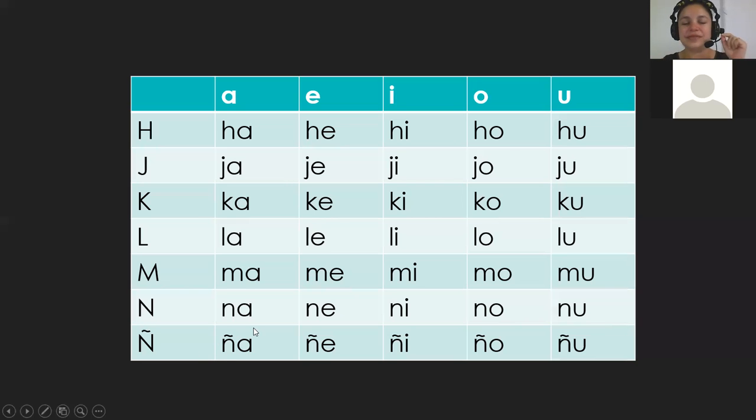So if you cannot say the ña, try pressing your nose, na, you can say N-Y-A, ña, ñe, ñi, ño, ñu, ña, ñe, ñi, ño, ñu.